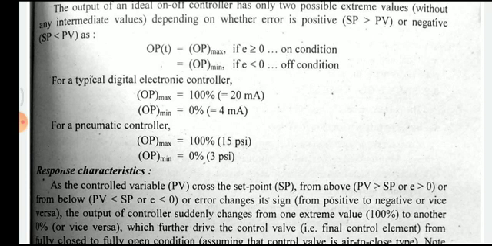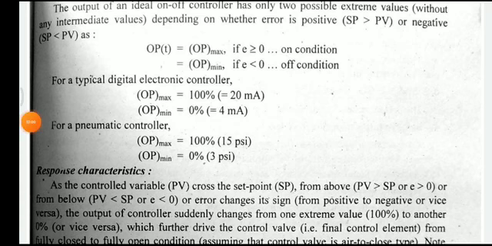For a pneumatic controller, air to open or air to close, if OP maximum is 100%, the maximum pressure to consider is 15 psi, and the OP minimum value is 0%, which is 3 psi.